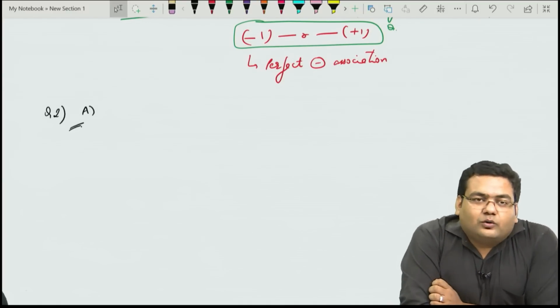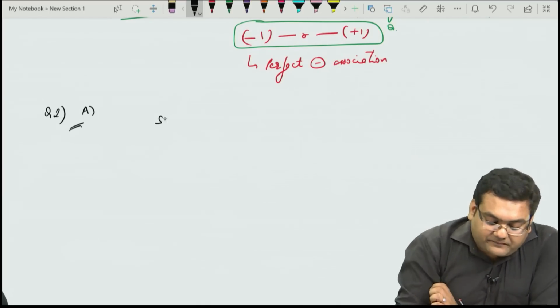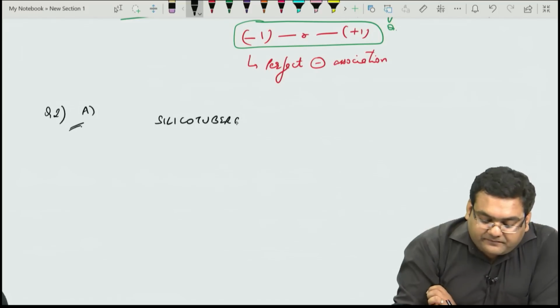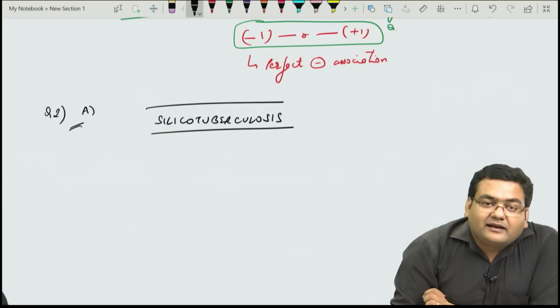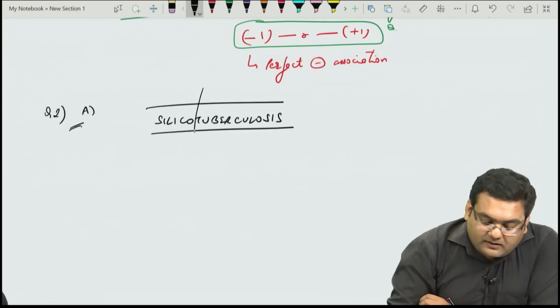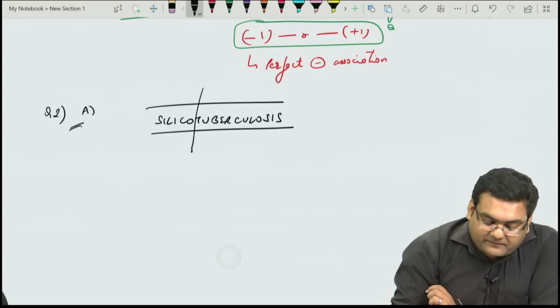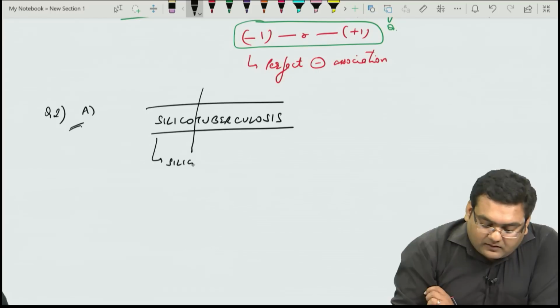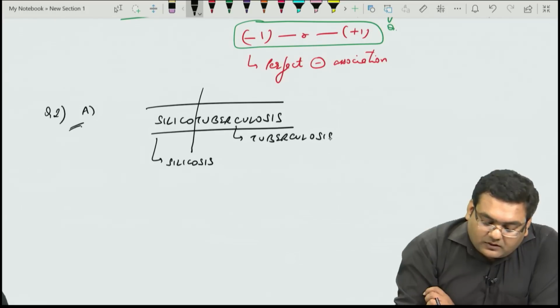Now friends, we all know the entity silicotuberculosis. It's an entity formed by two diseases, silicosis and tuberculosis.